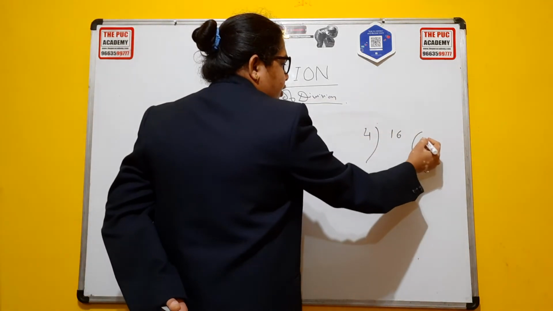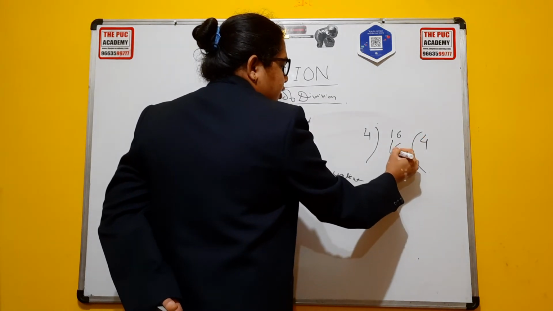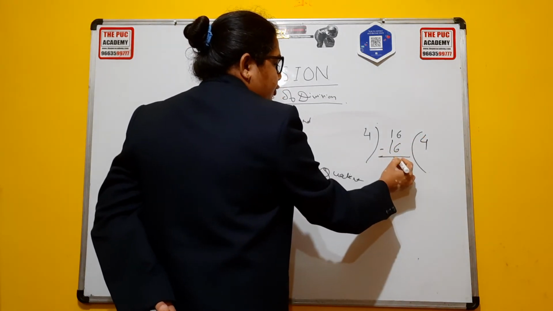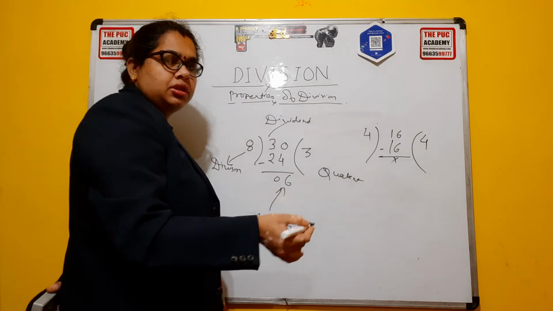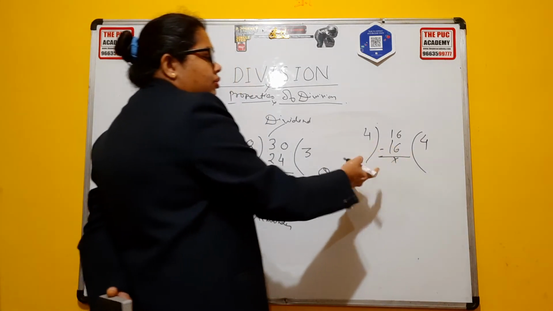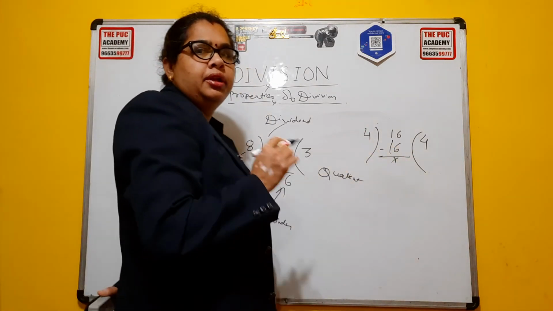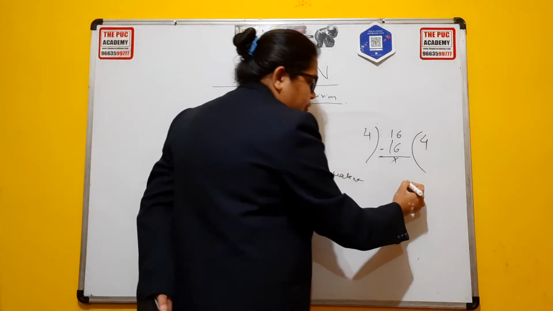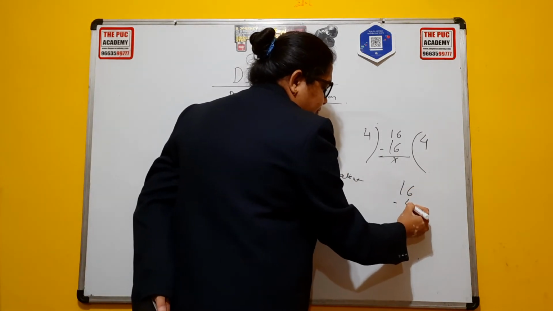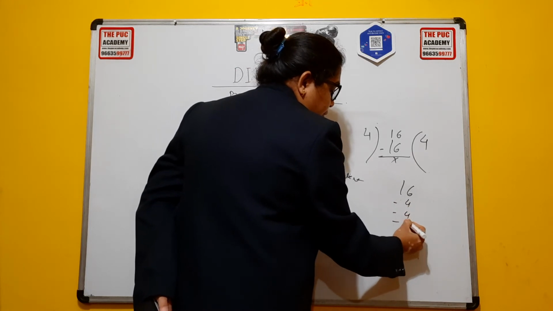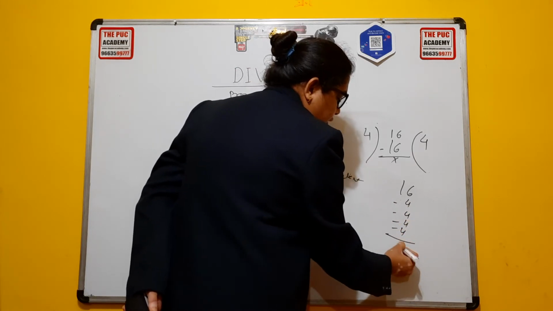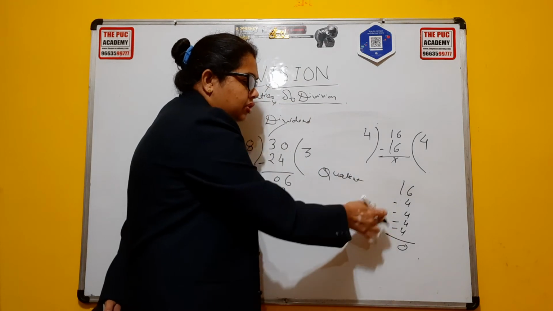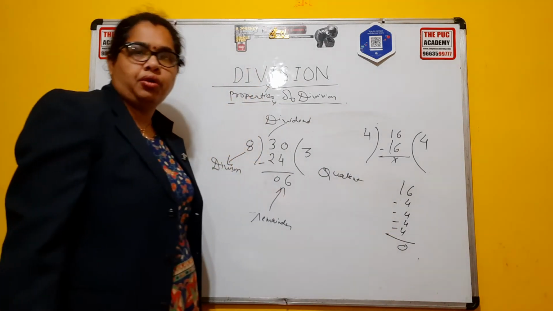You can say 4 fours are 16 and just subtract, you will get 0 here. So there is no remainder. So 16 is equally divided by 4. You can also do repeated subtraction: 16 minus 4 minus 4 minus 4 minus 4. Then also you will get 0. So this is your repeated subtraction concept.